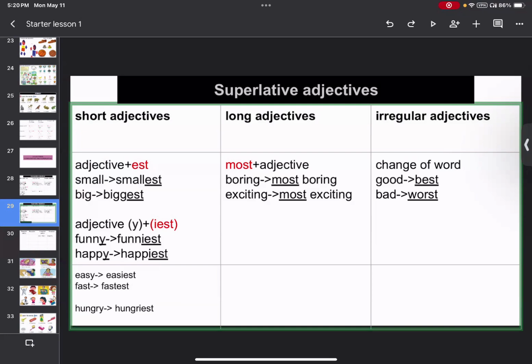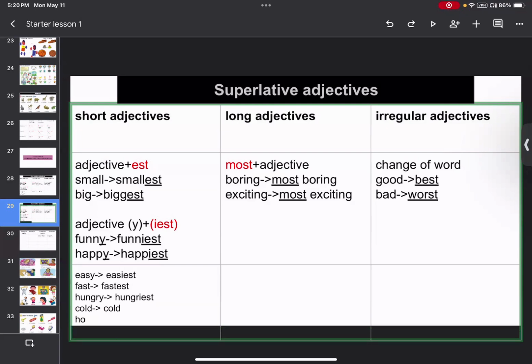Okay, and then cold, coldest. Hot, hottest. And then expensive, the most expensive.